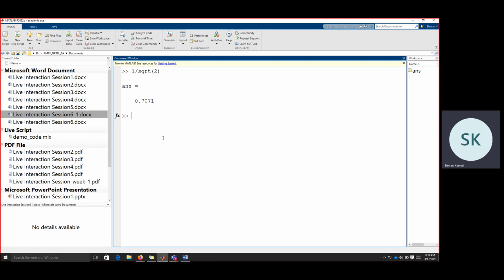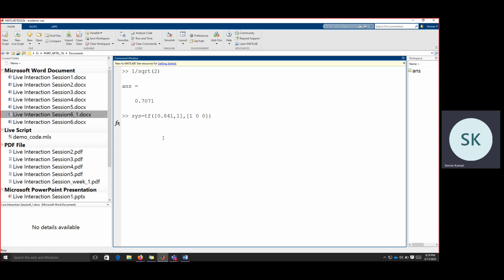So let us define a system. What is the open loop system? This is a transfer function with numerator 0.841 comma 1, and denominator 1 s square plus 0 s plus 0.